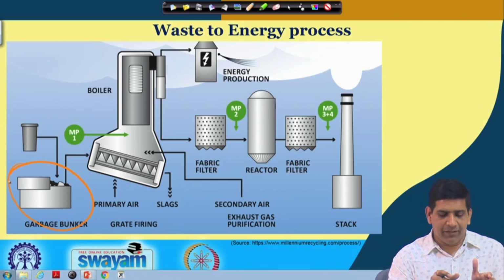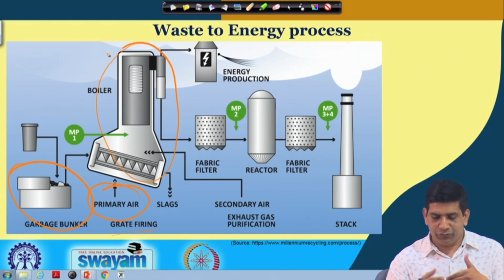But this is the garbage bunker where the waste is getting fed into the boiler. Then you apply air through an air supplier. You have grate firing happening inside, where the waste is being treated.